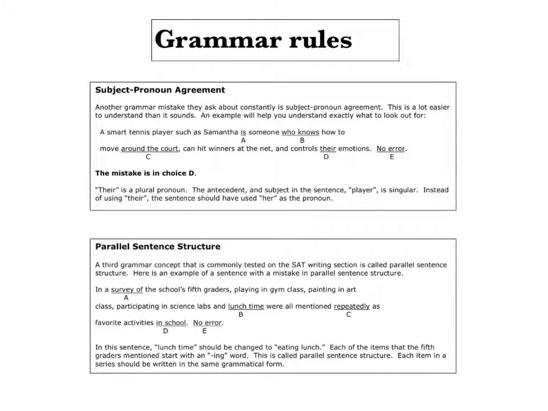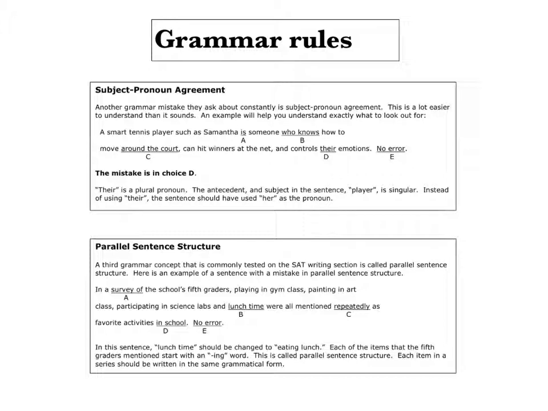You also have to make sure that the subject agrees with your pronoun. This is a lot easier to understand than it actually sounds, though. For instance, a smart tennis player such as Samantha is someone who knows how to move around the court, can hit winners at the net, and controls their emotions. So the pronoun there means many people, not just one, right? They is more than one person, right? They went to the movies.